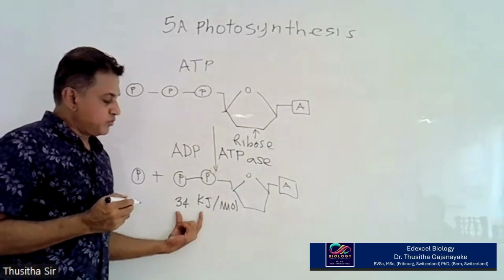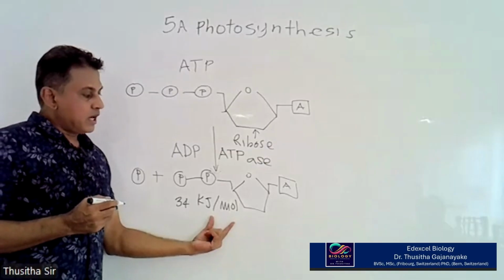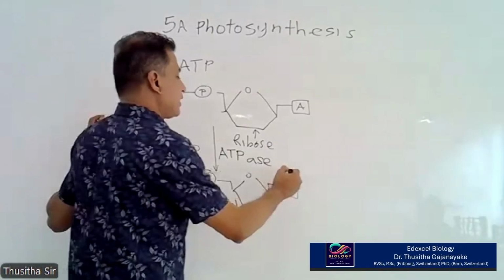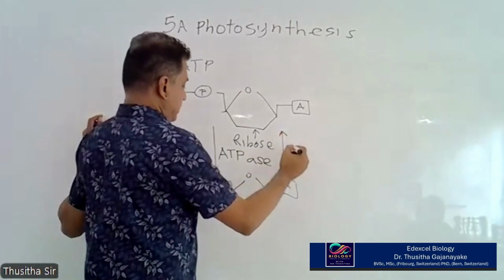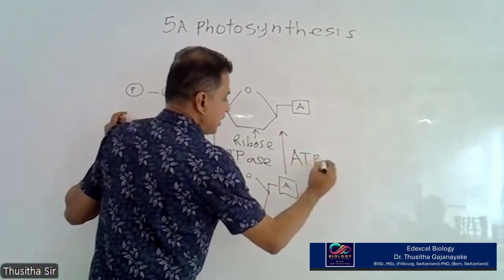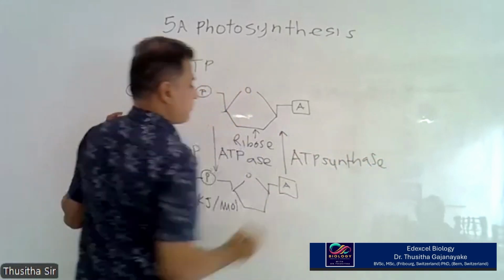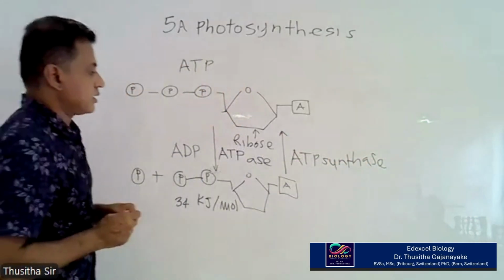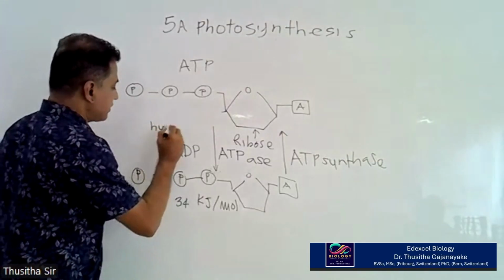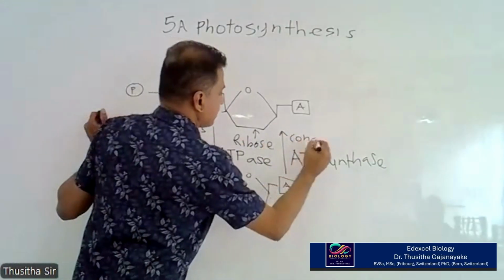So it can produce 34 kilojoules per mole of ATP. Then to make ATP, we can go in this direction again. It is a condensation reaction, and the enzyme is ATP synthase. So the two reactions are hydrolysis and condensation.